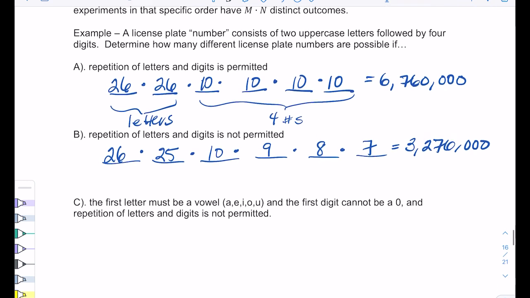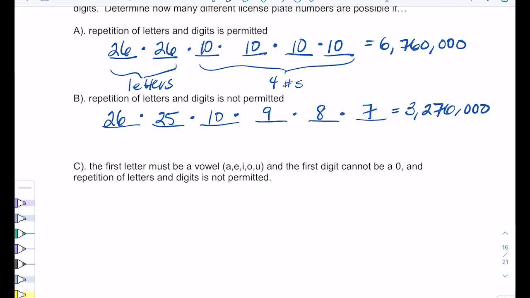What if I start putting some restrictions? The first letter must be a vowel, and the first digit cannot be a 0. And repetitions of letters and digits are not permitted this time. So I know now that I've got my 6 spaces. This first one has to be a vowel. And it tells me that the first number cannot be 0.